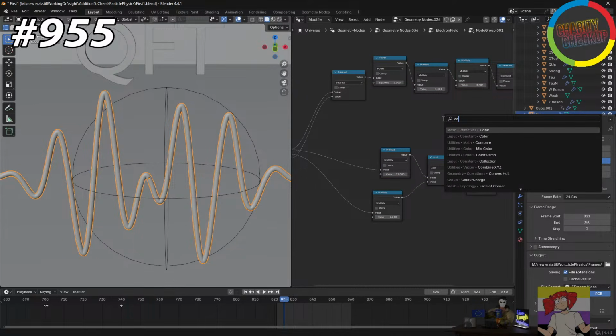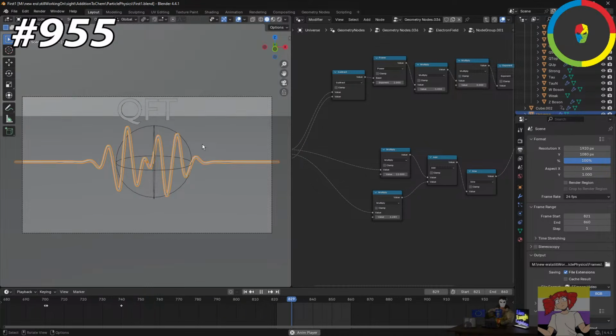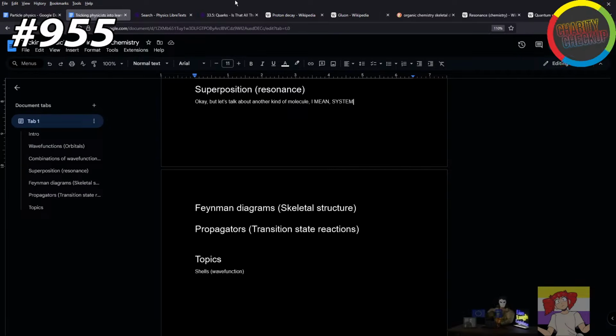Okay, but can I do complex imaginary? No, quaternion. We can do rotation to quaternion, but that's not exactly gonna work for us, unfortunately. We could do it in Python, but not here. Okay, splendid. Back to scripting.